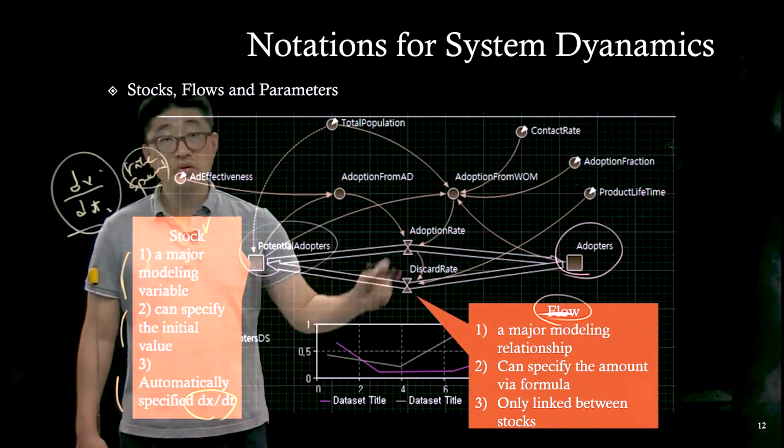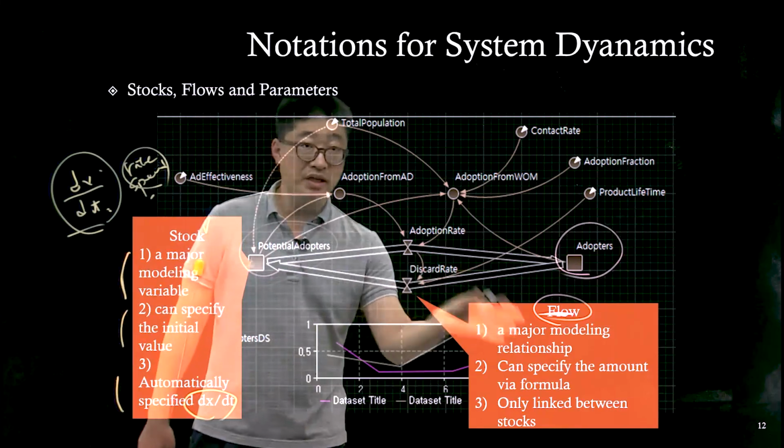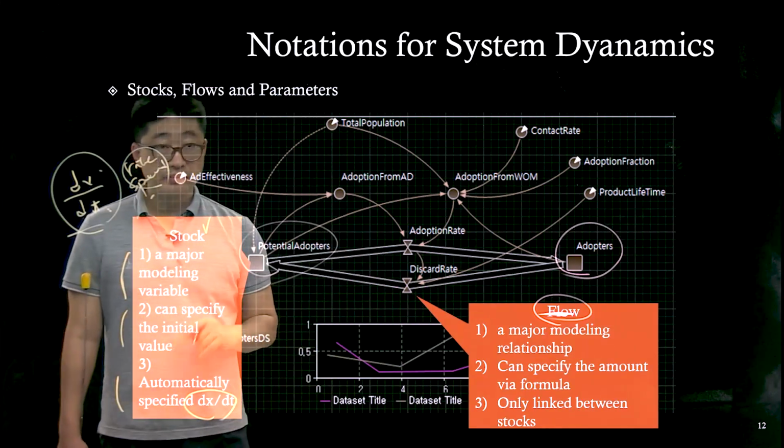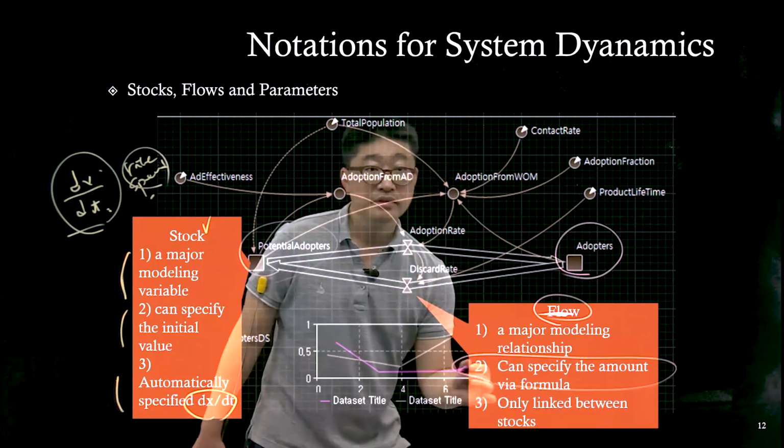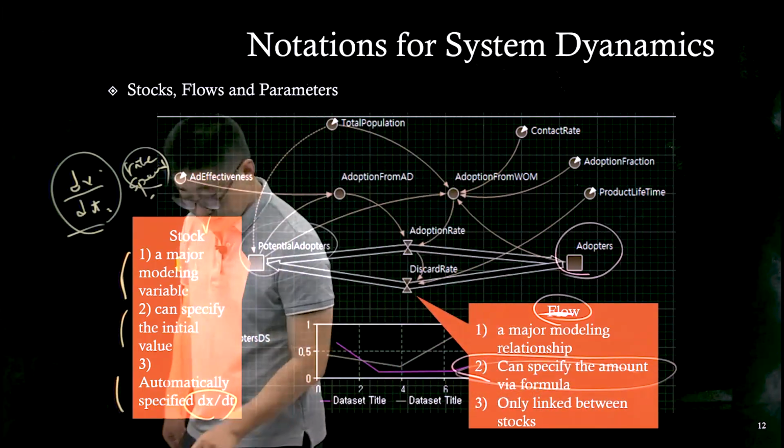Previously, a positive or negative causal link was specified; now the flow can specify the amount via a formula.